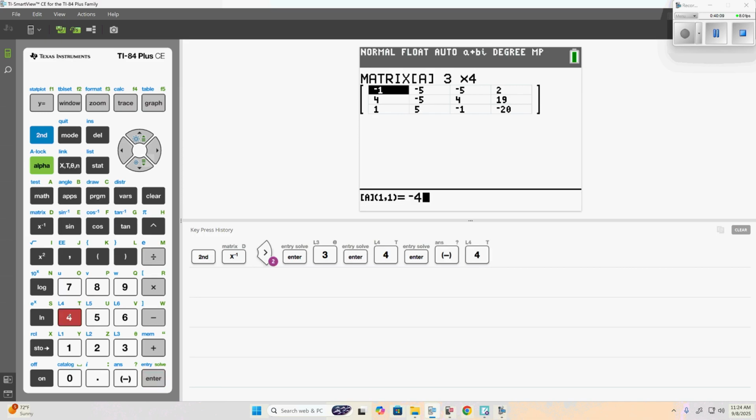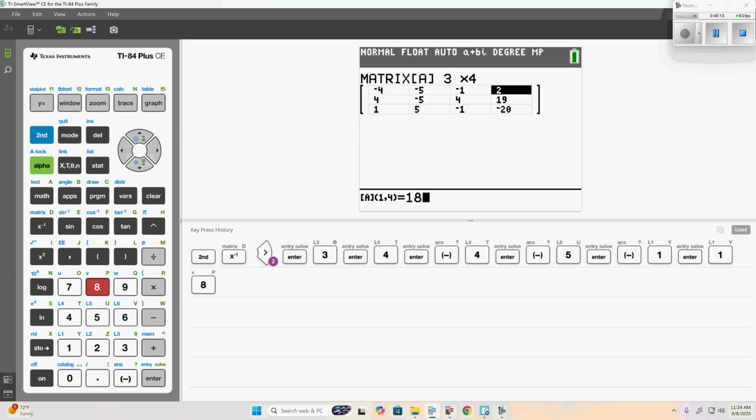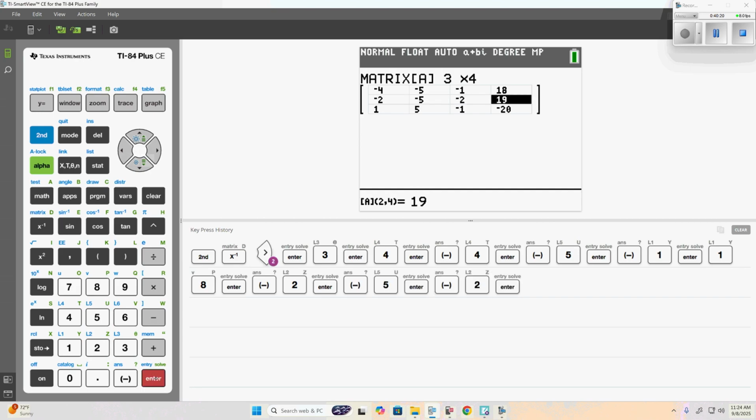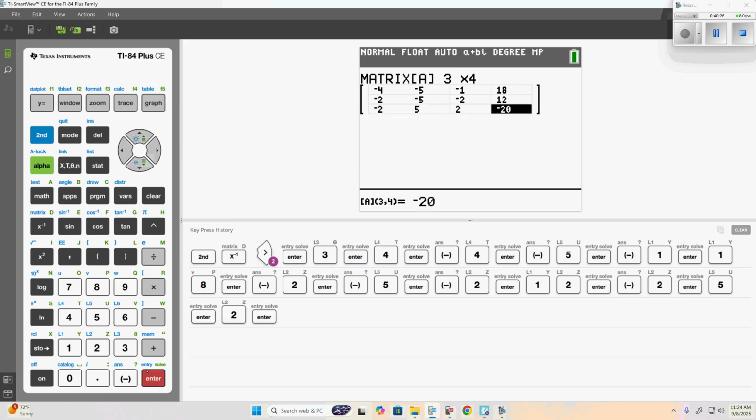Negative 4, negative 5, negative 1, 18. Negative 2, negative 5, negative 2, 12. Negative 2, positive 5, positive 2, 4. We're going to type the whole thing in, and hitting enter after each number is helpful. And make sure on negative numbers we're using the negative sign, not the minus sign.